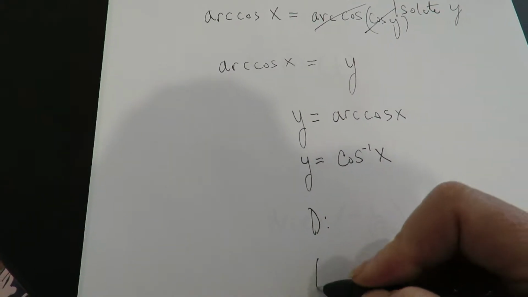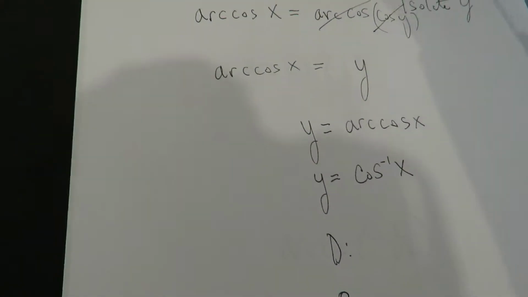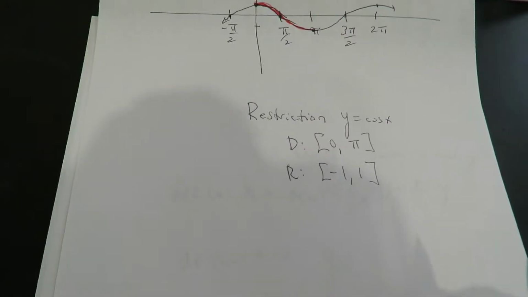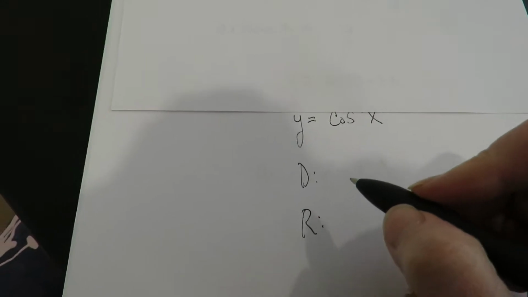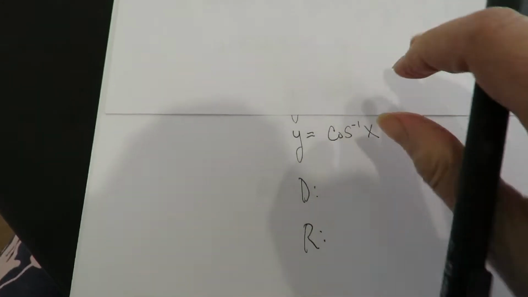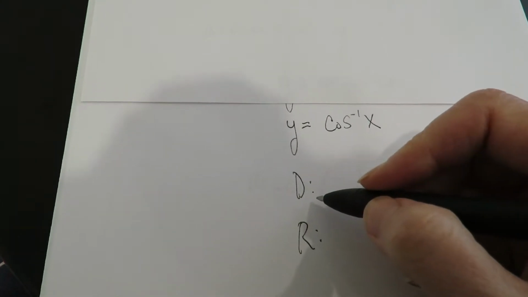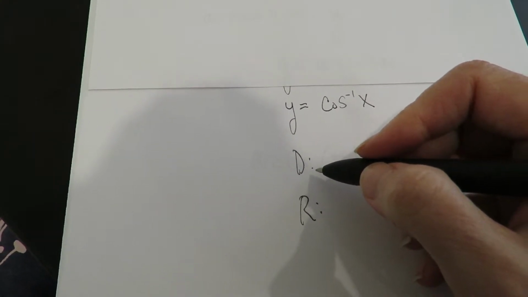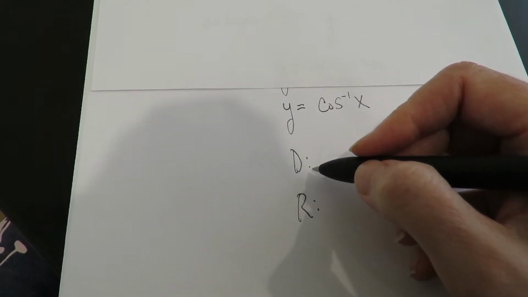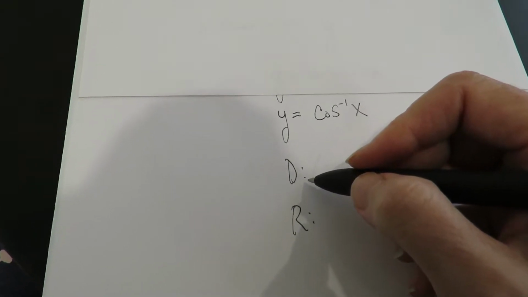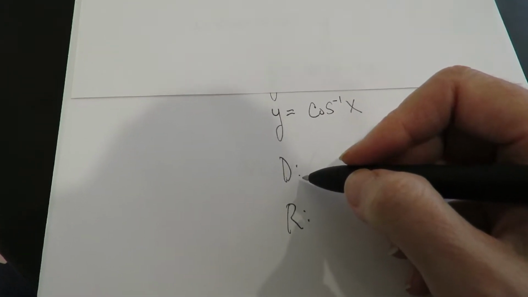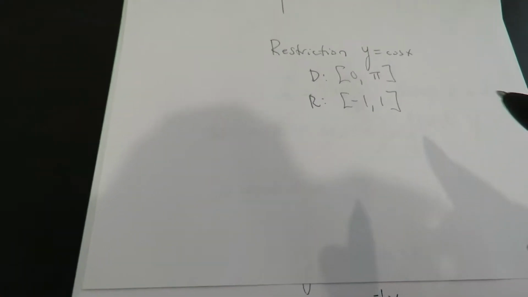Now let's go over the domain and the range of the arc cosine, which is the really big piece of this lecture. It's what you have to walk away with, these domain and range restrictions, because arcs are very particular about their domain and range. They're not just anything, and you have to stay within those particular requirements.